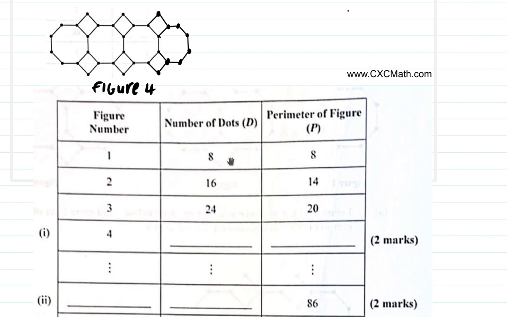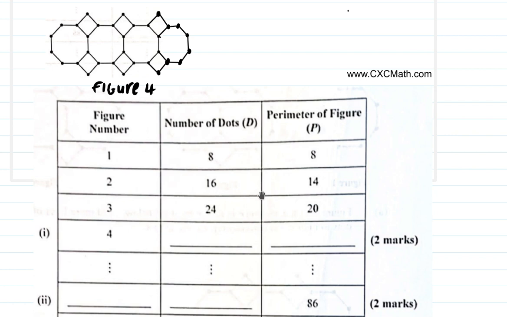What pattern do you see here? I want you to pause the video and complete the table for me. I want you to do it if you haven't done it before, because I really want you to attempt the question before you start watching the videos.